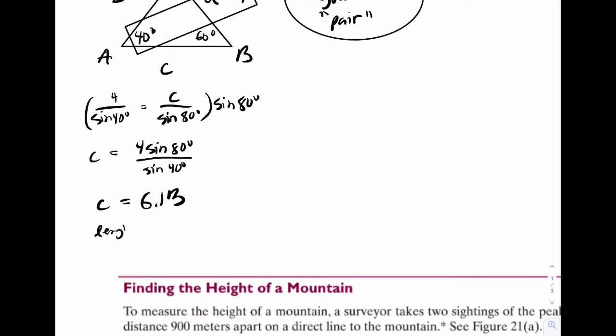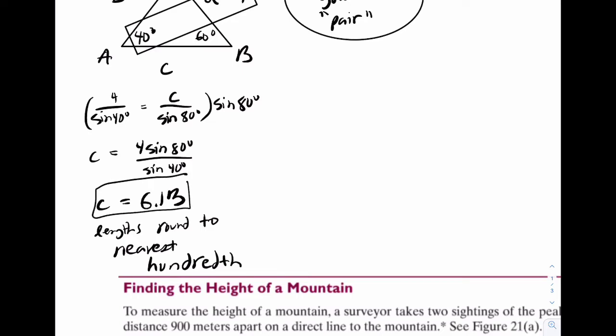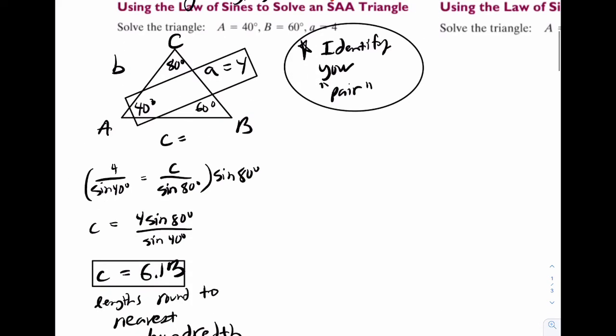And notice for lengths, we're going to round to the nearest hundredth. So I'll box that. 6.13. Make sure you fill it in your triangle. It makes it easier for me.